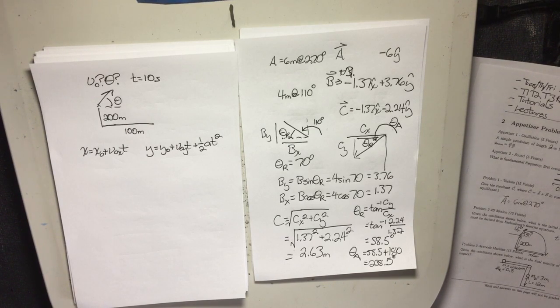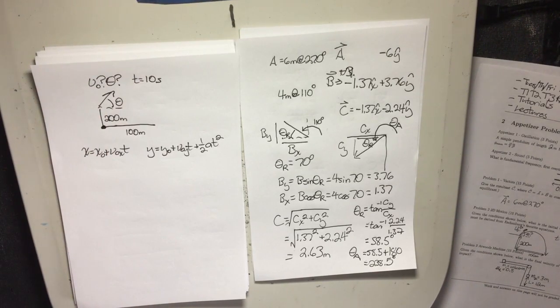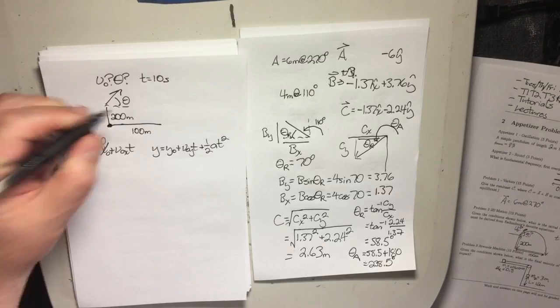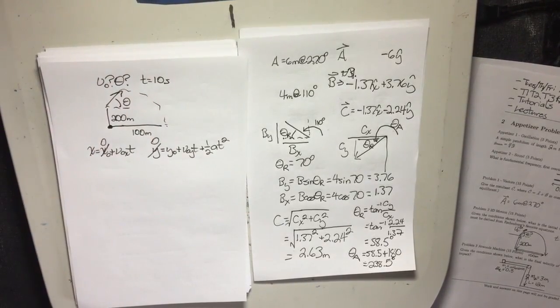Apply the zeros first. Or choose the origin, pick lower left. X naught is 0. This thing lands over here, Y final is 0.